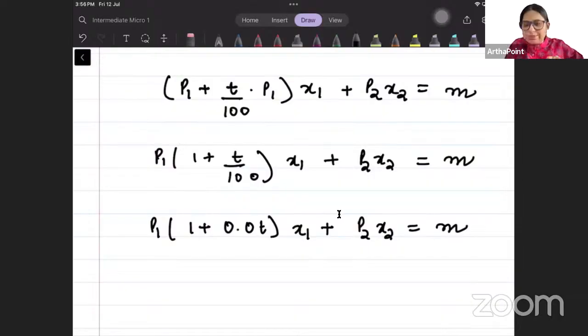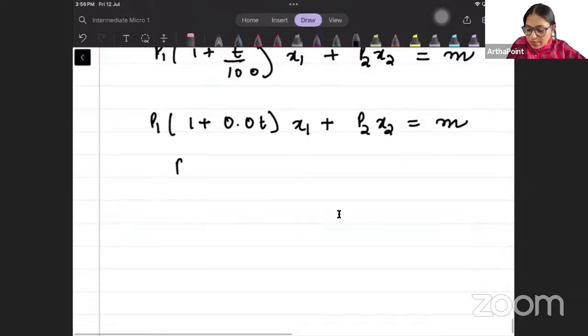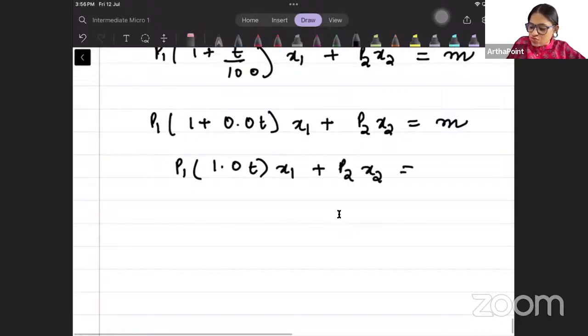So T divided by 100 will be 0.0T, into X1. So this becomes P1 (1.0T) X1 plus P2 X2 equal to M.